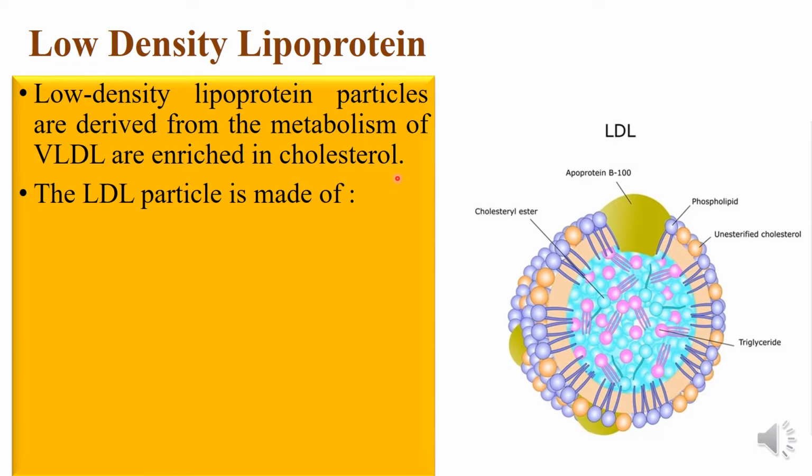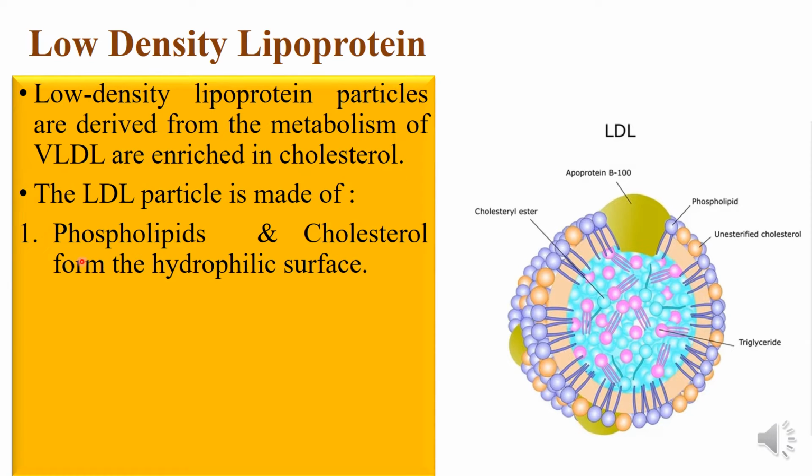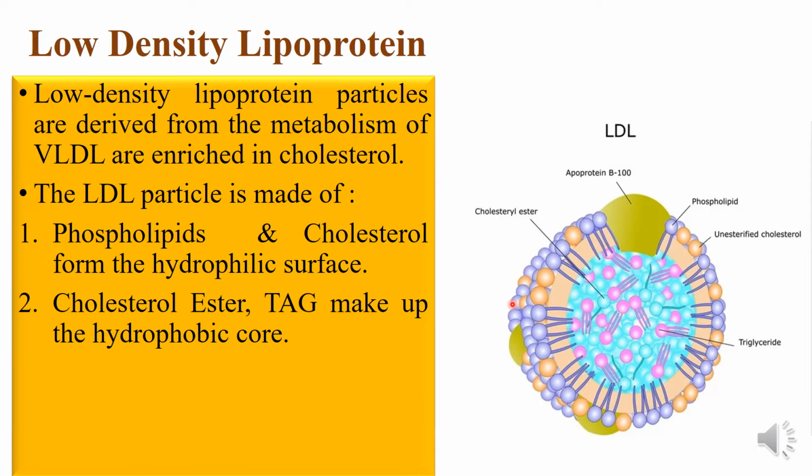The LDL particle is made up of phospholipids and cholesterol that form the hydrophilic surface. So this is the phospholipid and this is the cholesterol which forms the hydrophilic surface. The cholesterol ester and the triacylglycerol form the core, and this core is hydrophobic.